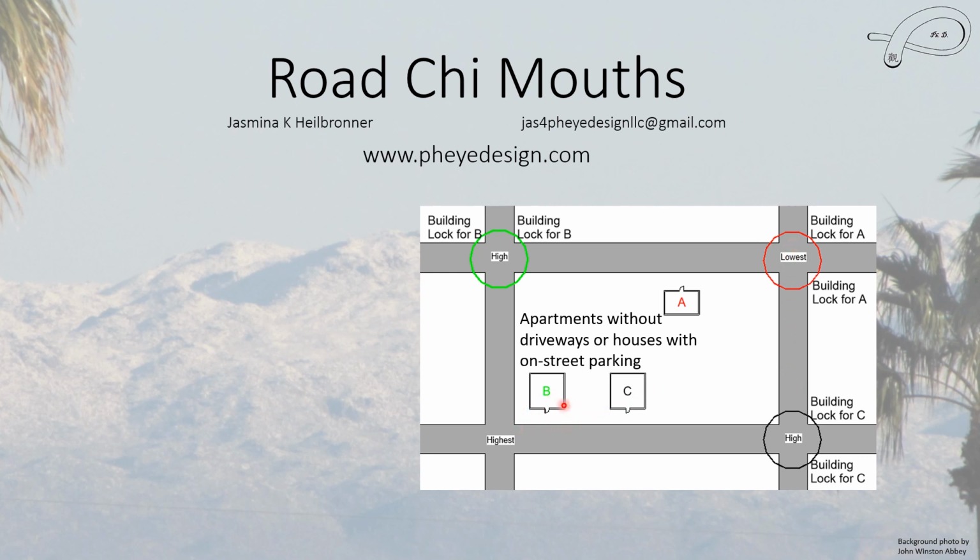But this passes in front of the main door, or in front of the facing direction of the building. So here you may take a little bit of that into account. And it would flow here. And so this could be B's, but this is closer.